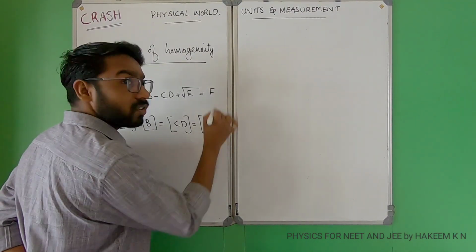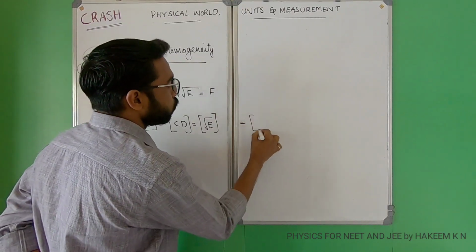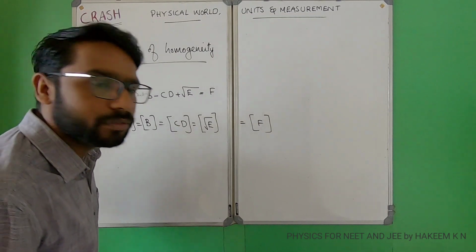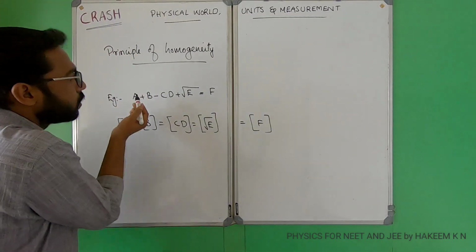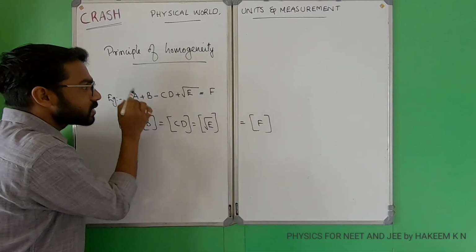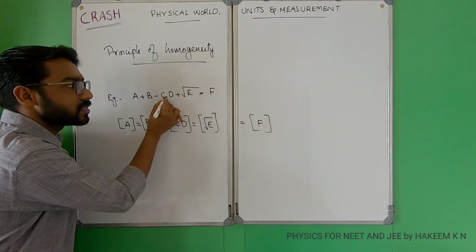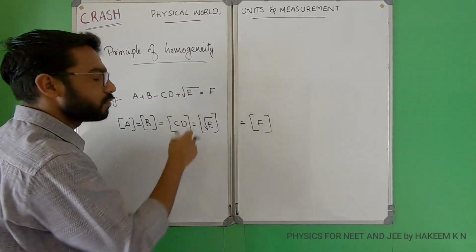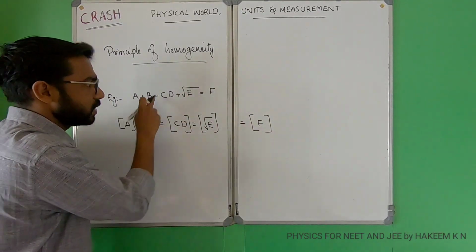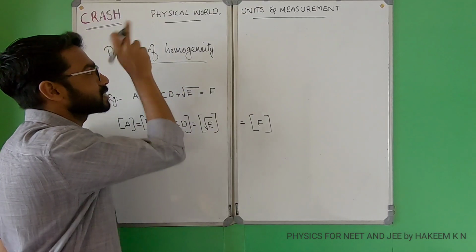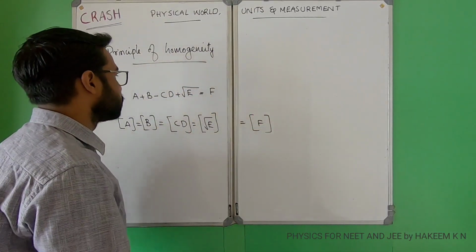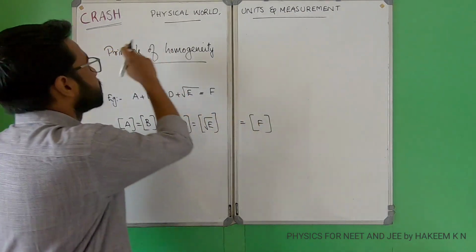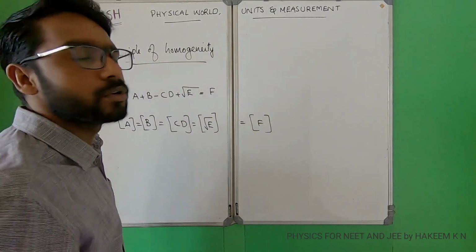Root e we can write as e raised to 1 by 2, which should be equal to the dimension of f. A is a term, b is another term, cd is a term. Here c into d, multiplication, is not a separation of terms. So plus, minus, equal to, etc. are the signs of separation of terms. So the dimension of each term must be the same according to the principle of homogeneity.